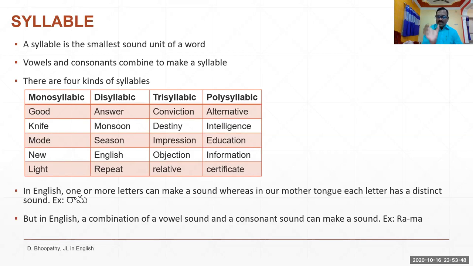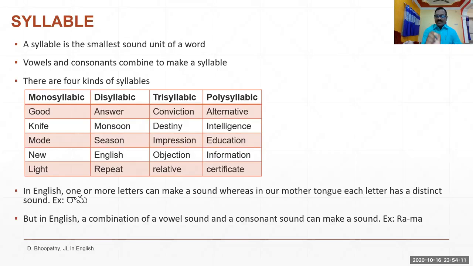Mon is one sound. Soon is another sound. Season: sea, son. There are two syllables. The first syllable is stressed because we take additional force to utter the sound.